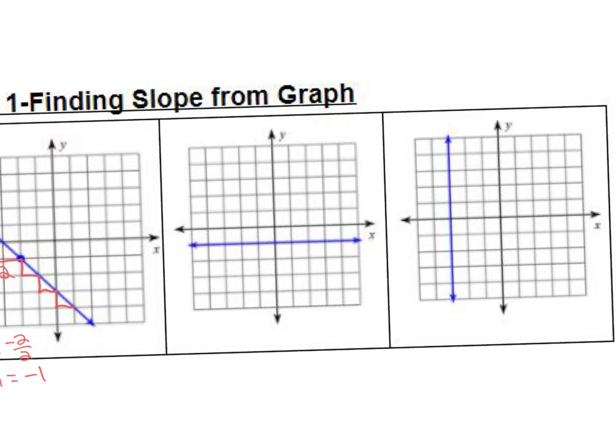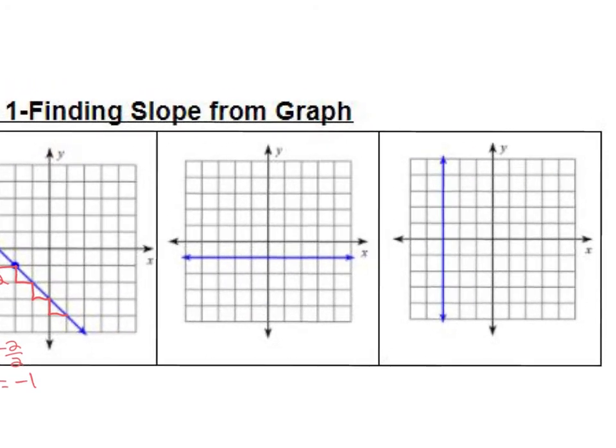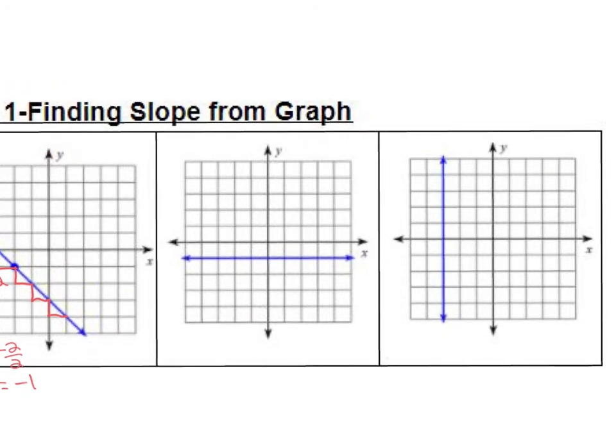Here we are with some of those special cases. In this first case, it's a constant change. So basically this is no rise over a constant run. That simplifies to our slope of m equals 0.